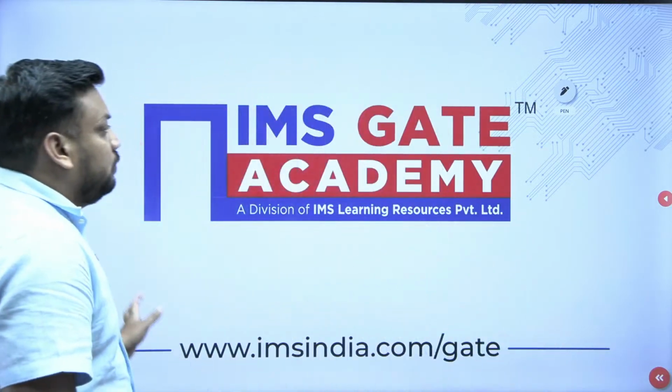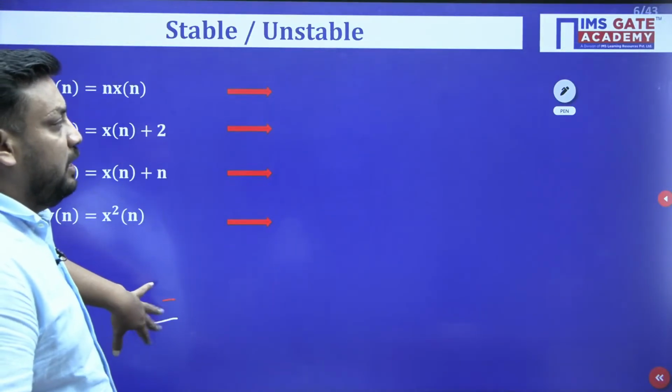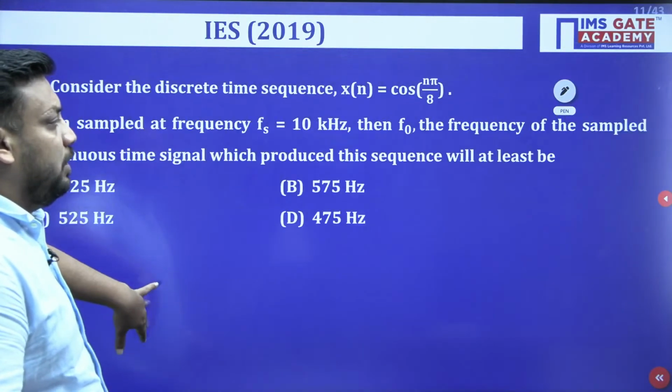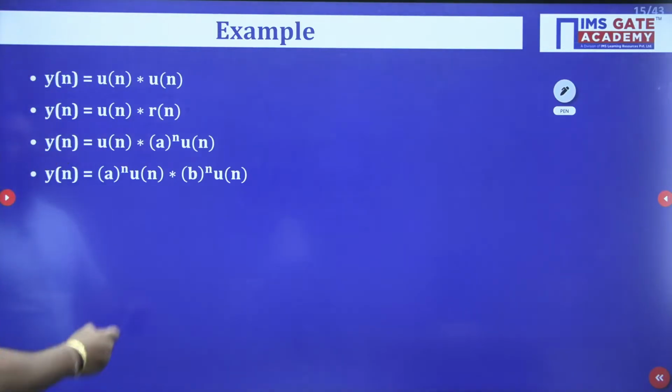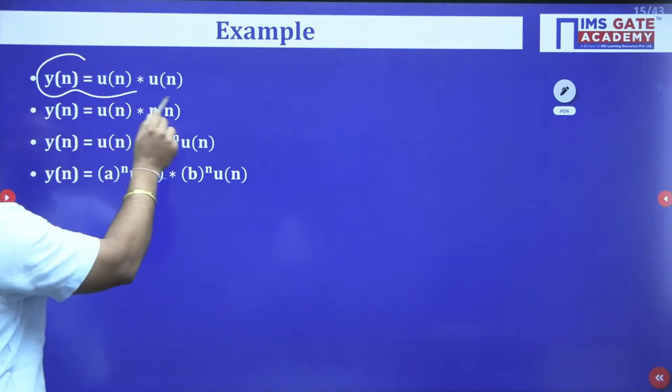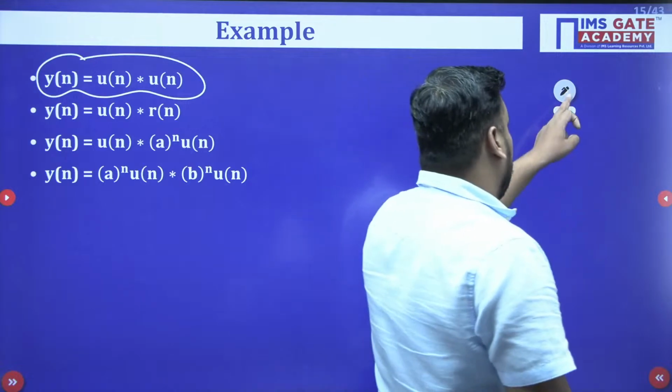So now, in the last class, we started convolution, discrete-time convolution, and we saw some properties of convolution as well. I think this was the last slide of the last class, and we already discussed the first expression also. Yes or no? All of you reply.